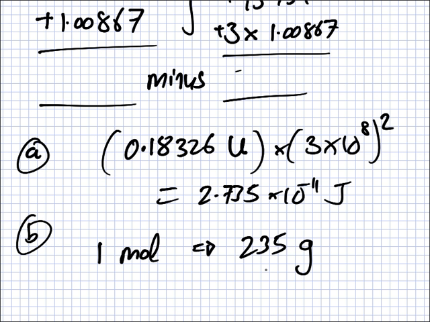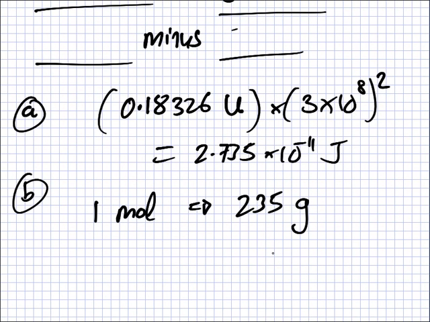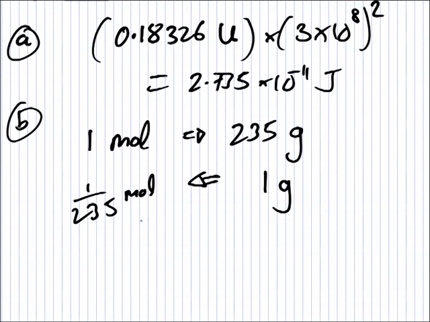So like for example, carbon 12, a mole of it is 12 grams. Hydrogen, what's a mole of it? 1 gram. Okay, so uranium, a mole of it is about 235 grams. So how much is 1 gram? Well, that will just be 1 divided by 235 moles. What's that there, please, Matt, as a decimal?